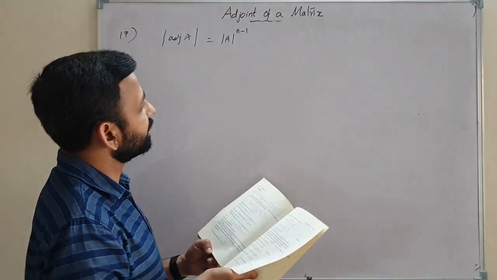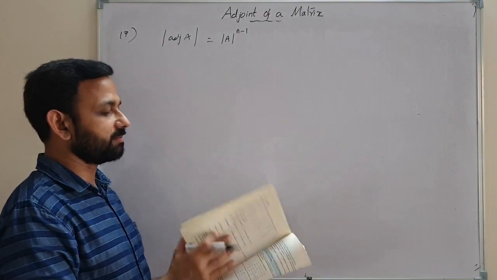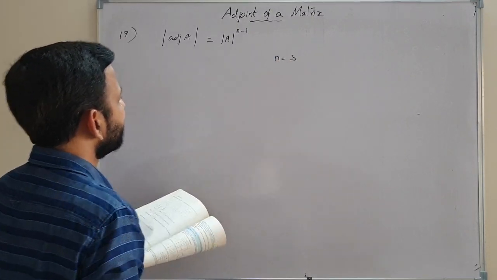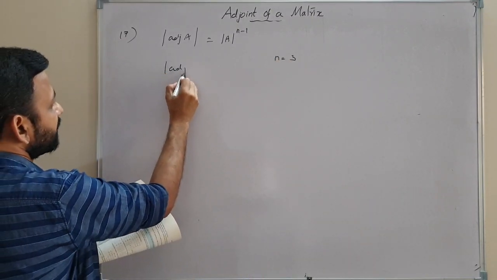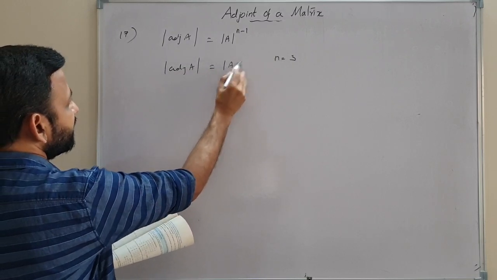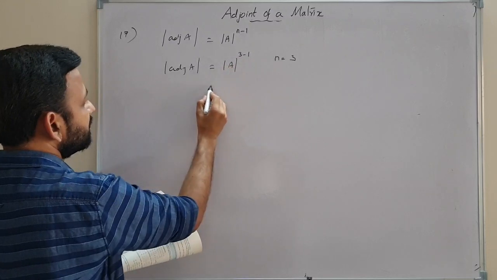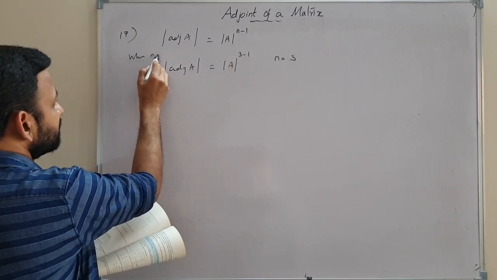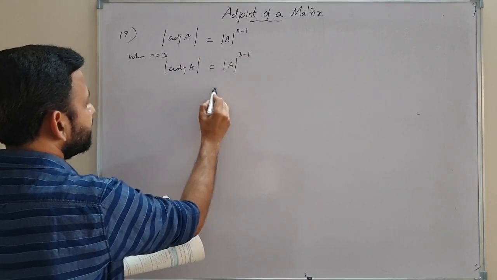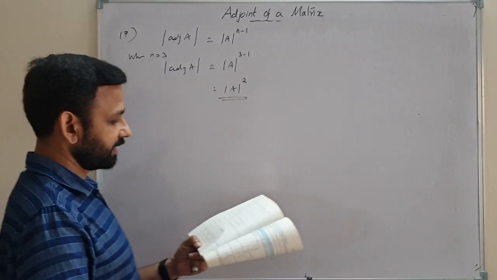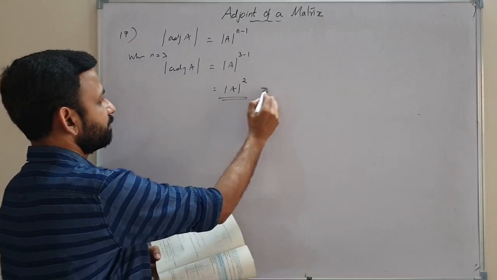So here n is equal to 3, that is 3 minus 1. That is determinant A raised to the power 2. So the correct option is B.